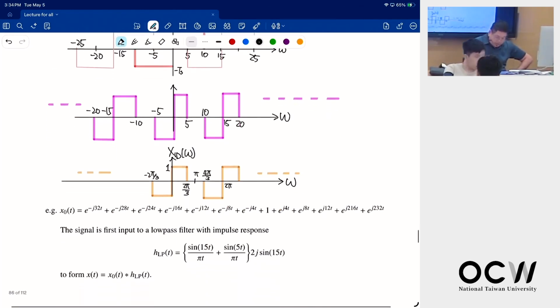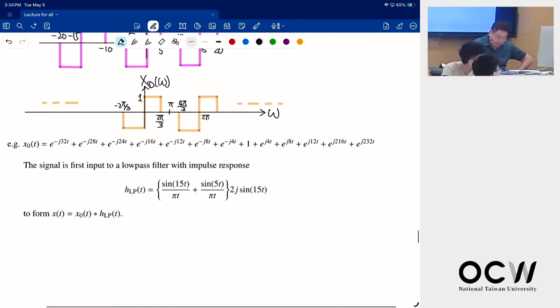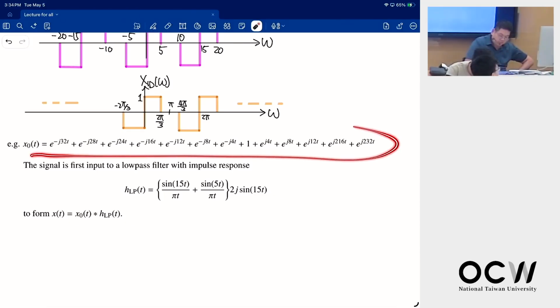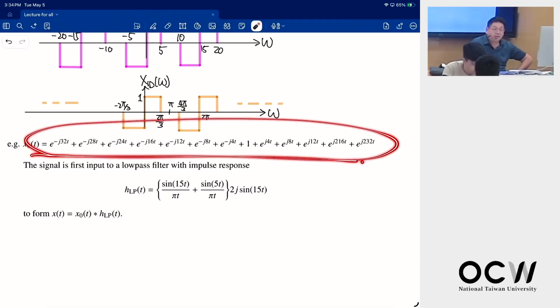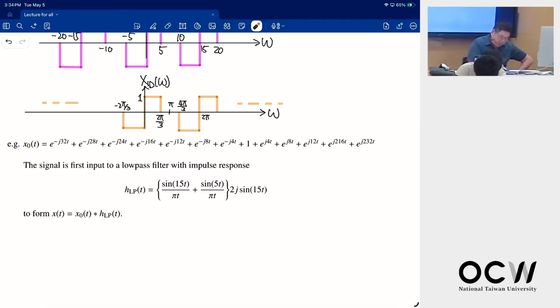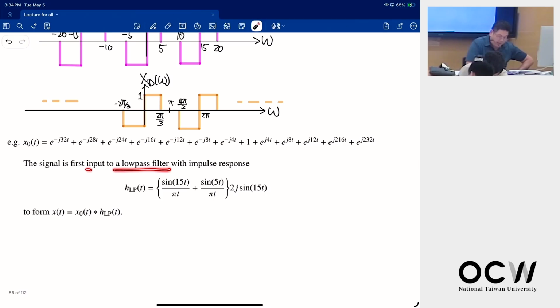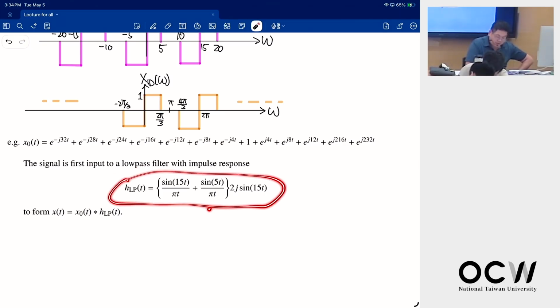All right, next, I have a signal. Now, first, this signal is the input to a low-pass filter. Okay, and here is the low-pass filter impulse response.